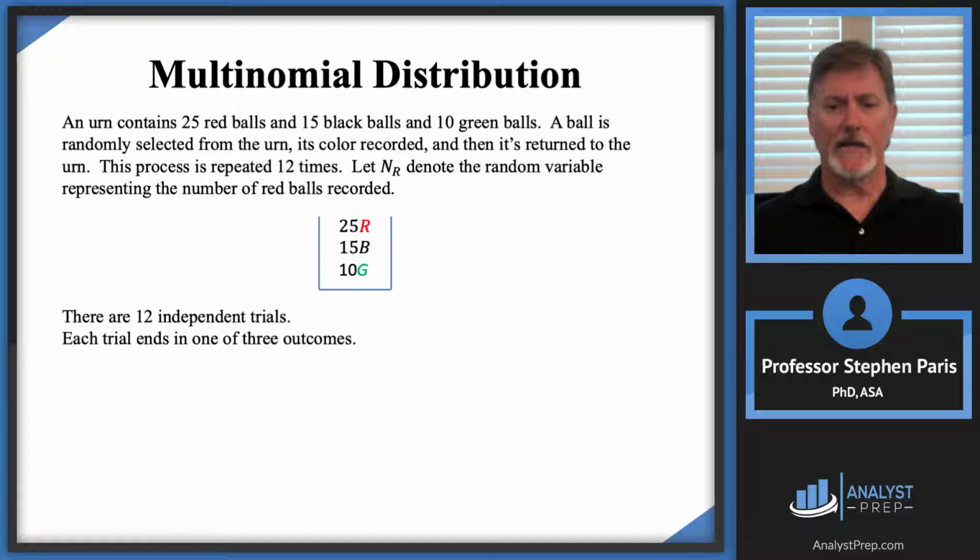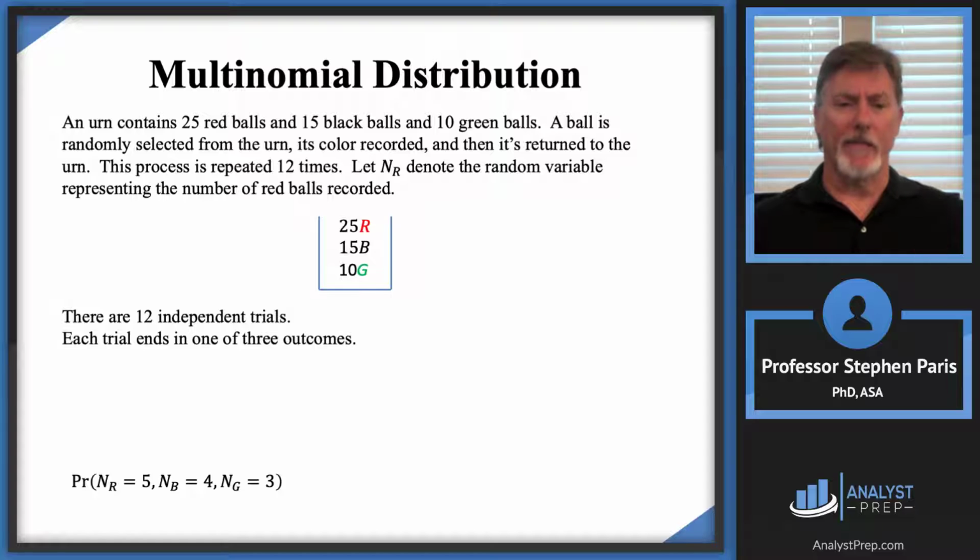I mentioned again that you're probably going to be asked to calculate a probability associated with something like this. Now, we can't just talk about the probability that cap N sub cap R is equal to 5, for instance, because that would represent the probability that you have 5 red balls, but you're not given how many black balls and green balls you chose.